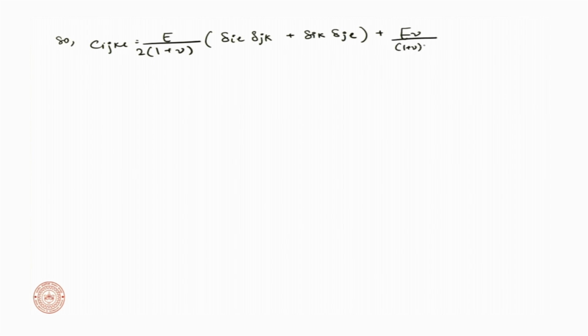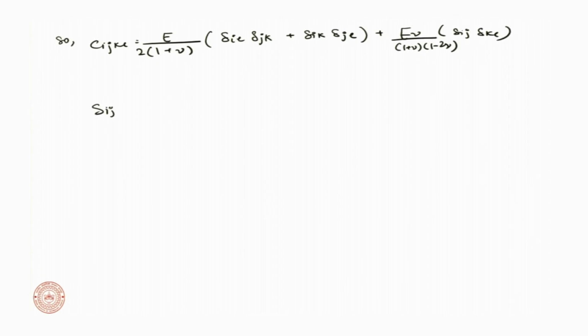So, C_ijkl is equal to E over 2 times (1 plus nu) times [del of il del of kj, plus del of ik del of jl], plus E nu over (1 plus nu)(1 minus 2 nu) del of ij del of kl.